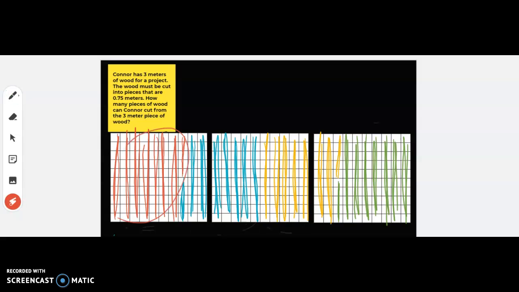Well, I've got one red section, a blue section, a yellow section, and a green section. So I have 4 different sections that are 75 hundredths of a meter. So when I go to say my answer, it should be 4 pieces.